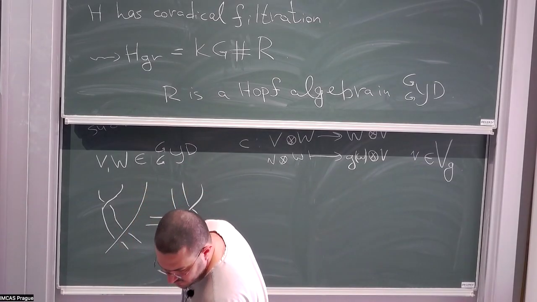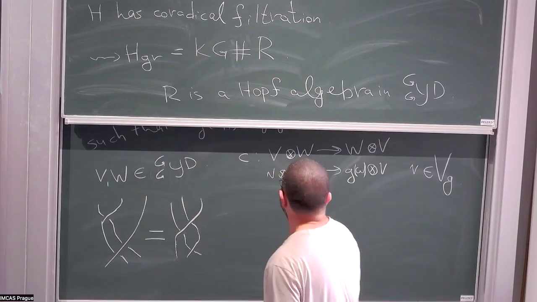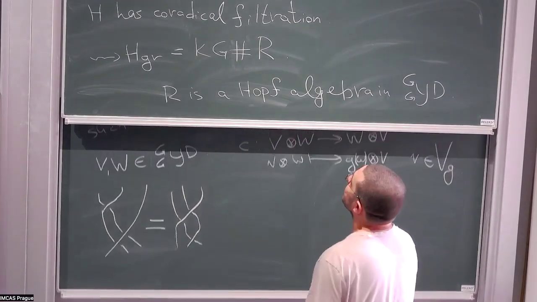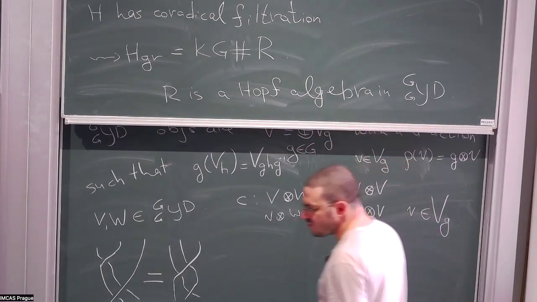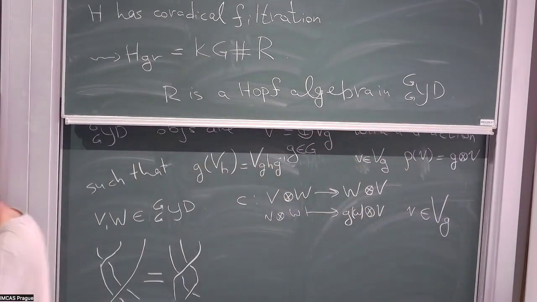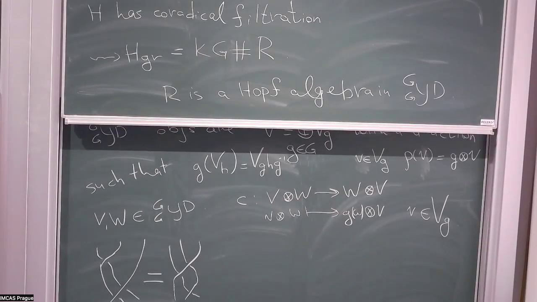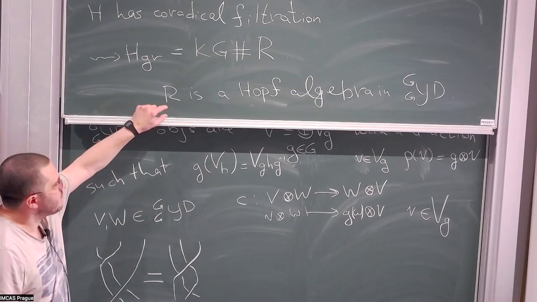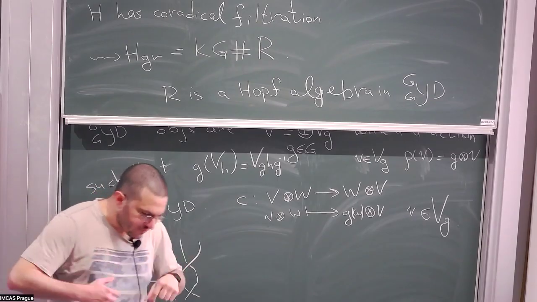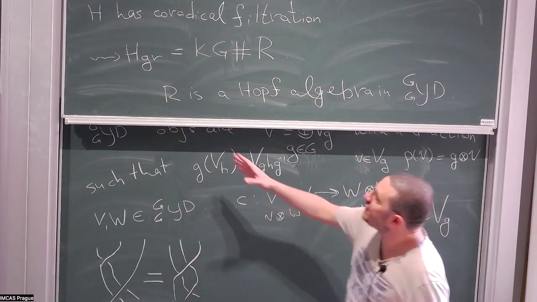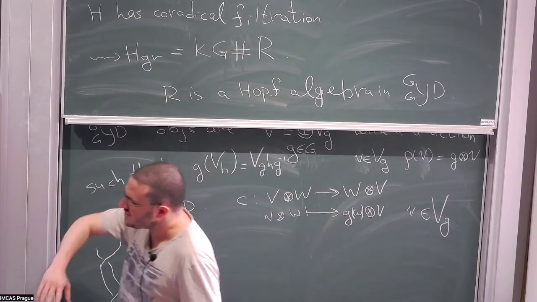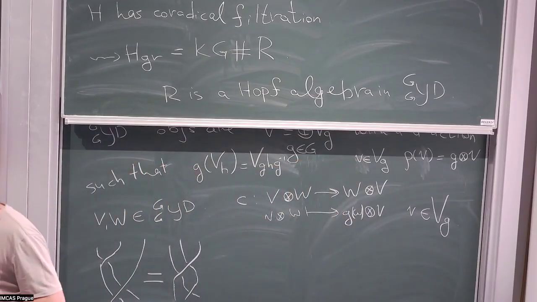Okay, so the following thing happens here. I said that this R is going to be a Hopf algebra inside the Yetter-Drinfeld category over G. Now, because there is this change in the way that we define the coproduct, when we think of R as a Hopf algebra inside the Yetter-Drinfeld category, everything that previously was skew primitive is now just primitive.